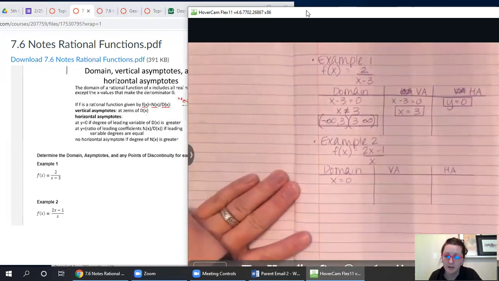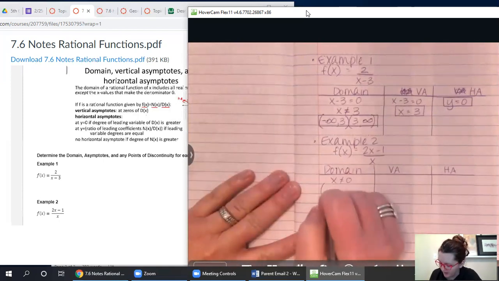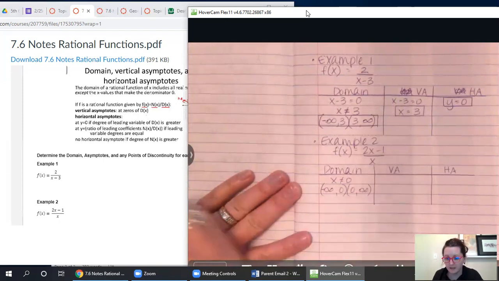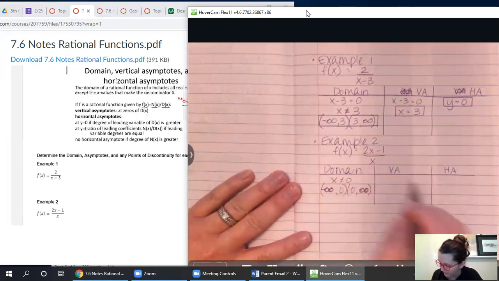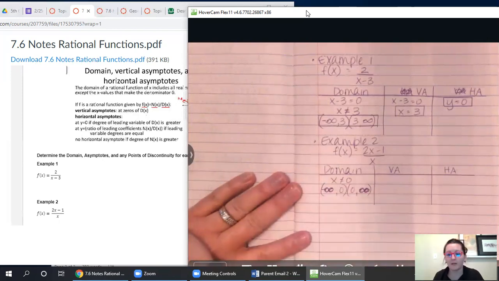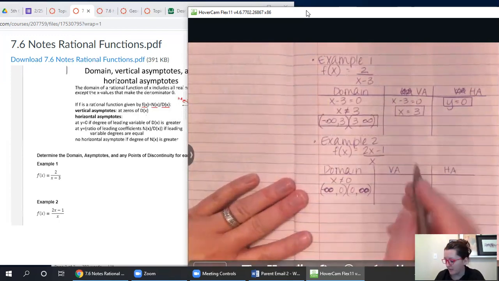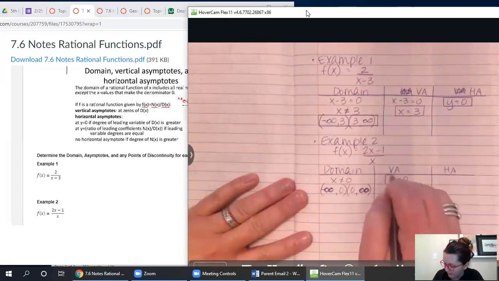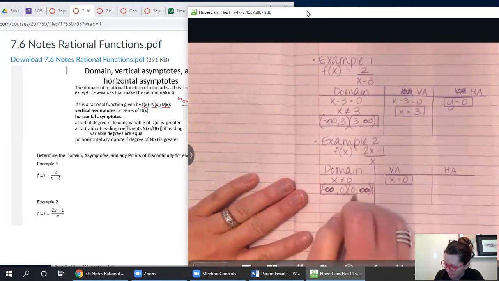So in this case, x cannot be 0. So my domain is going to be written like this: cannot include 0. So negative infinity to 0. I'm terrible at writing infinities. Okay. Then my vertical asymptote is the same thing, setting my denominator equal to 0, and that is actually the vertical asymptote. It's that line through the origin, x equals 0.